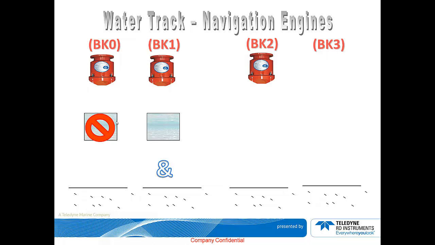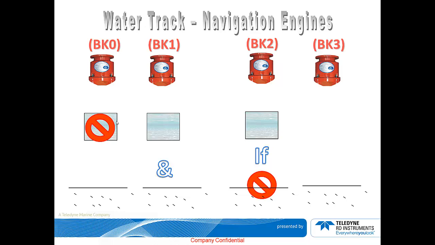With BK2, we're telling the DVL that we want to perform water tracking only if we have a bad bottom detection, such as when the bottom becomes out of range, for example. With BK3, we're telling the DVL that we only want to perform water tracking and never bottom tracking, regardless if the bottom is well within range of the DVL.